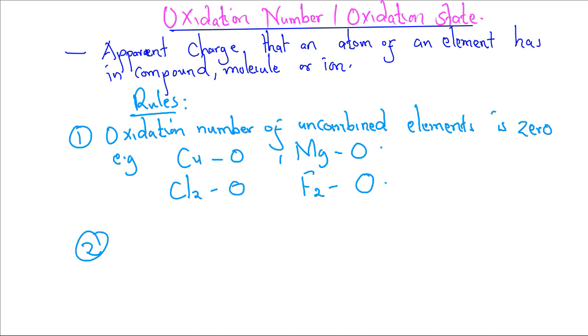Second rule: the charge on the ion containing one element is equal to its oxidation number.